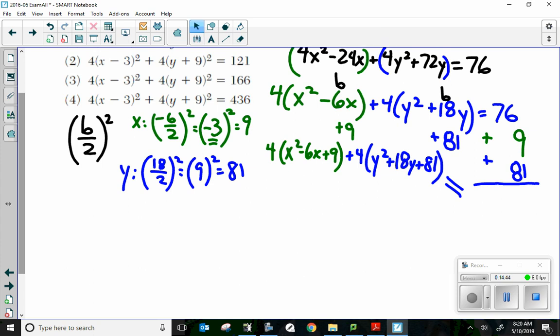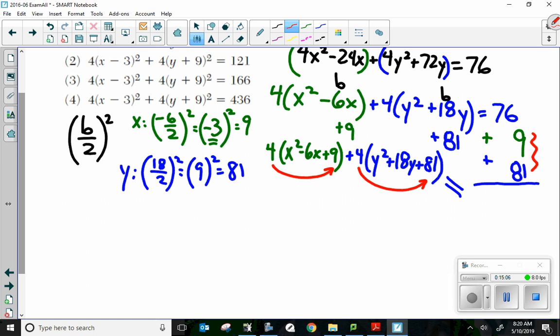Now, here's the issue. I'm not just adding 9 and 81. If I were to FOIL this back in, aren't I ultimately multiplying 4 times 9? Technically, it's 36. 4 times 9. And 4 times 81, oh my God, it's 324. So if I just add 9 and 81, that's not going to balance, because my 81 is being multiplied times 4.